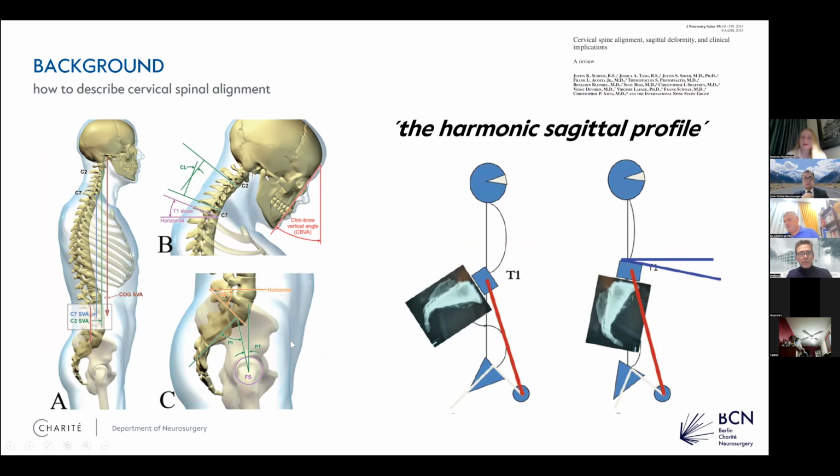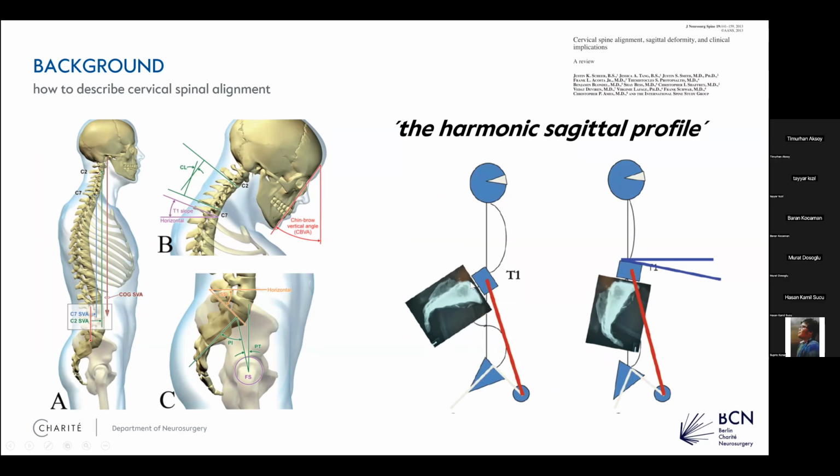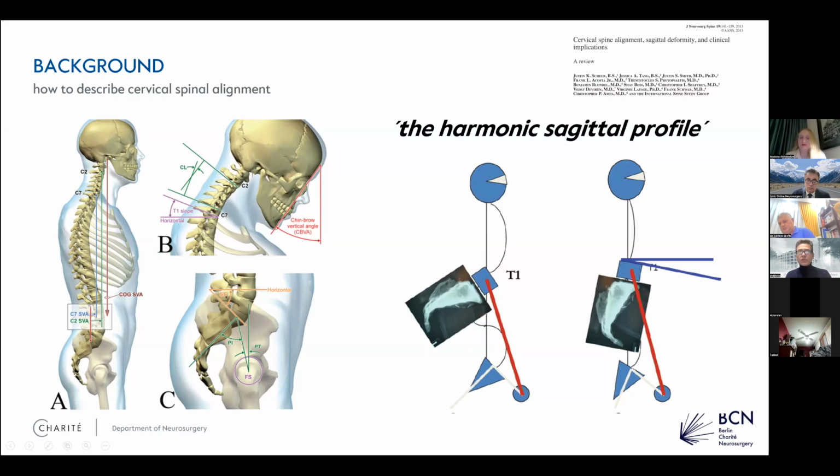I mentioned that the sacral slope is very similar to the T1 slope, but it's also true that, as you can see here, sacral slope and pelvic incidence will translate into lumbar lordosis, and the lumbar lordosis and all these spinopelvic parameters will then translate into the anatomy under physiological means of the cervical spine.